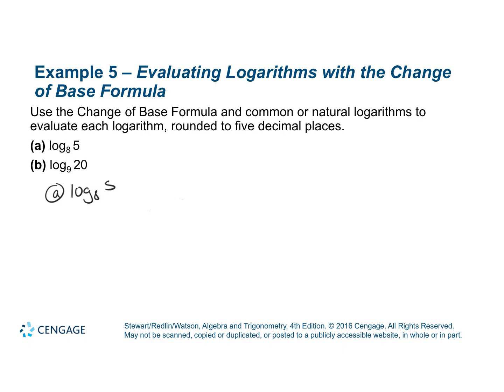So the formula is going to just be log 5 over log 8. So you're going to use the number for the top and the subscript for the bottom. To plug this into your calculator, plug in log 5, then hit divide and hit log 8.